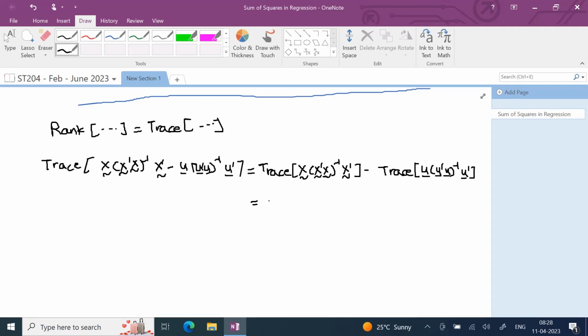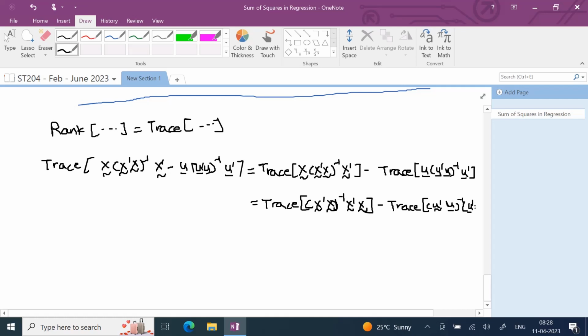So trace of ABC is same as trace of BCA, or same as trace of CAB, and so on. So we will use that property. So I will have trace of (X prime X) whole inverse X prime X. Similarly here I will write this as trace of (U prime U) whole inverse U prime U.